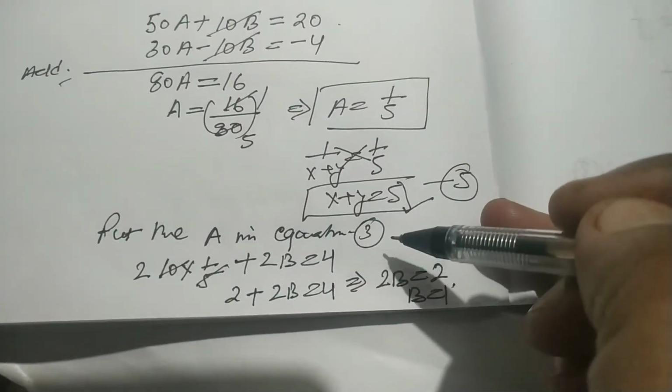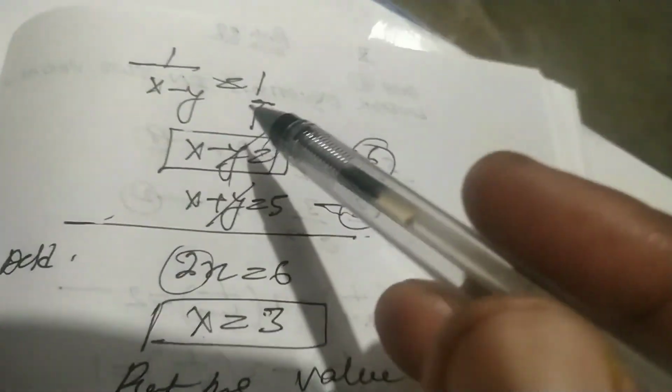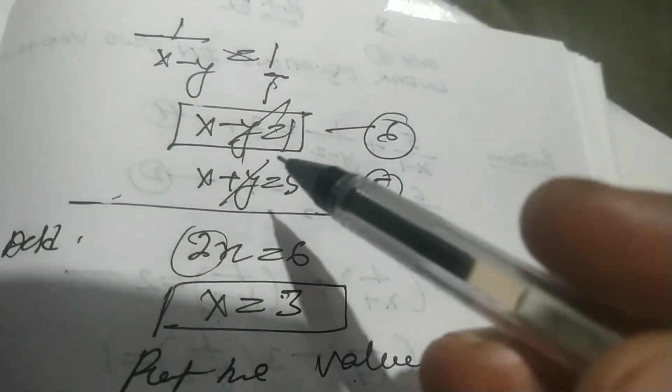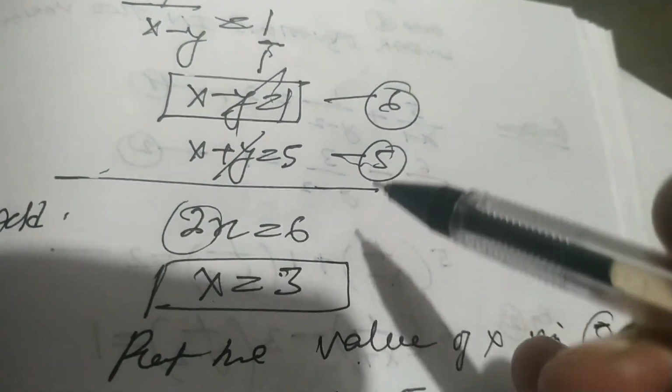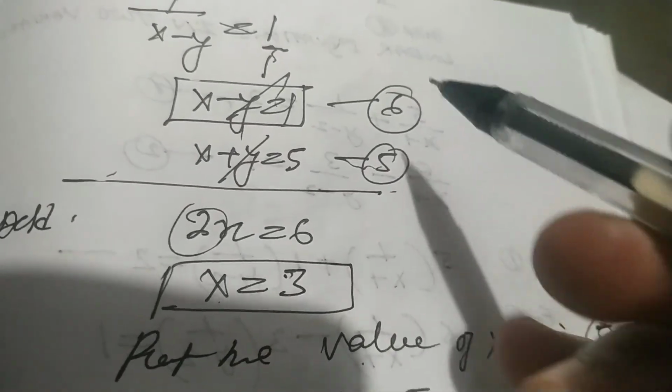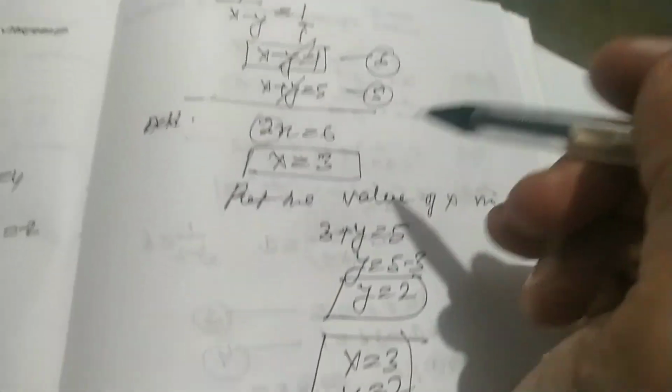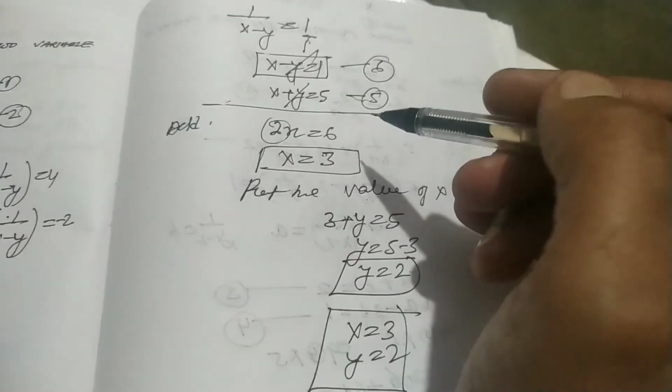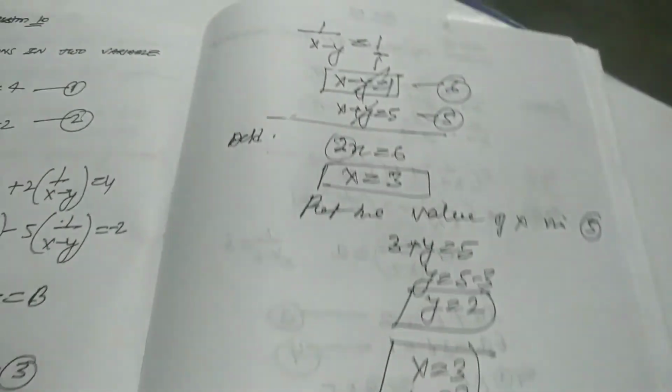We put it in third and get b is 1, and then putting the value of b, we get x minus y equal to 1. Then we have to solve equations 5 and 6. After solving 5 and 6 by any method, we get x and y.